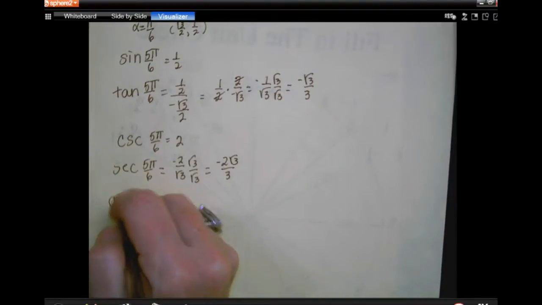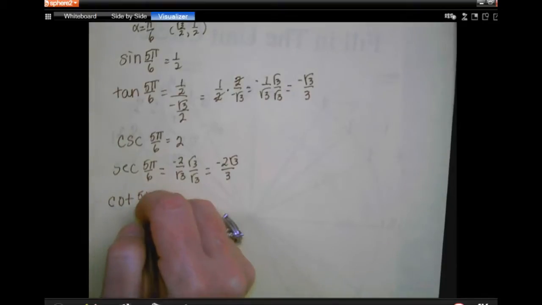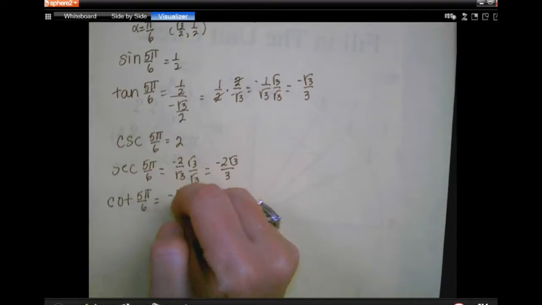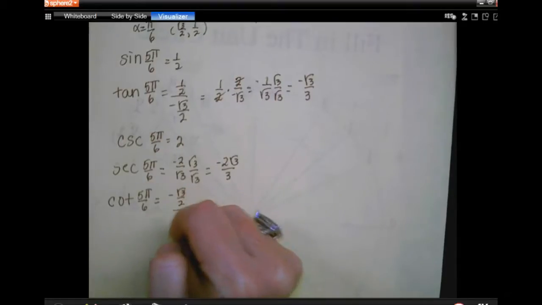And if I wanted the cotangent of 5 pi over 6, this time it's cosine over sine, so negative square root of 3 over 2 divided by 1/2.